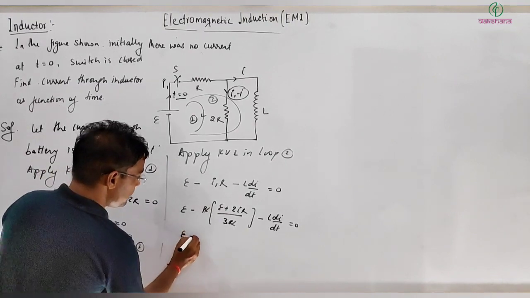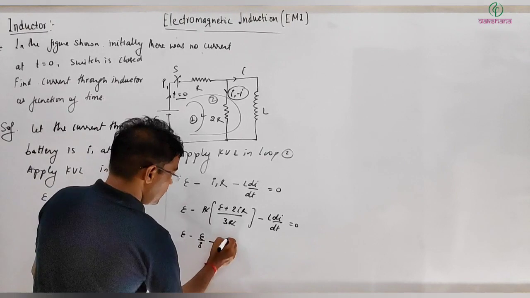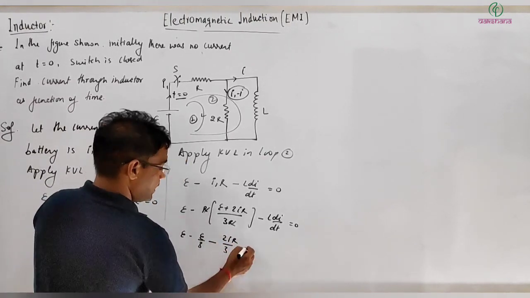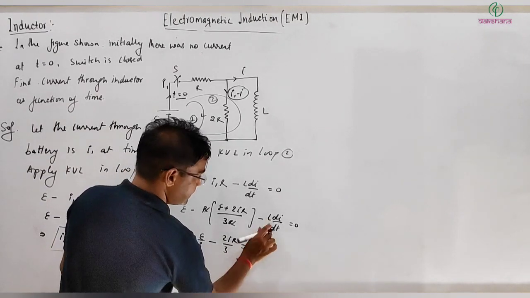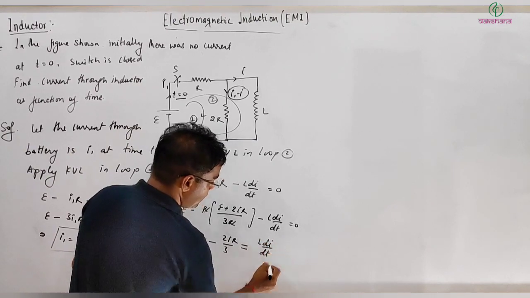This is E minus E by 3 and minus 2IR by 3, and I can take it this side, so L di by dt. Clear?